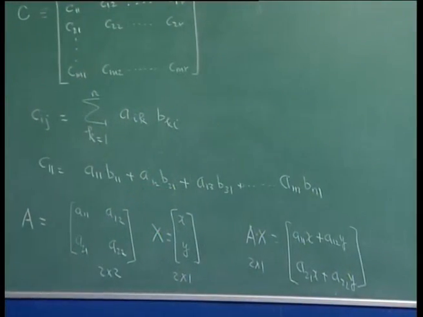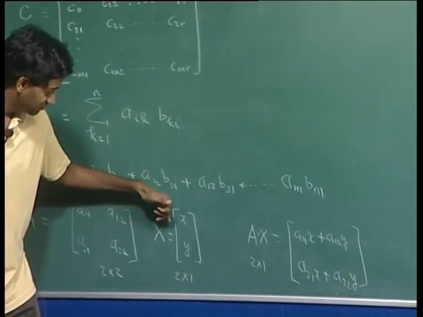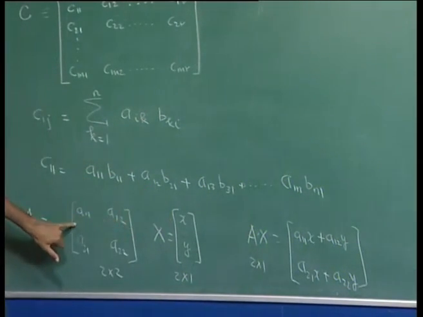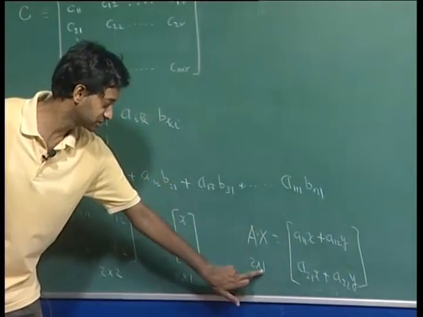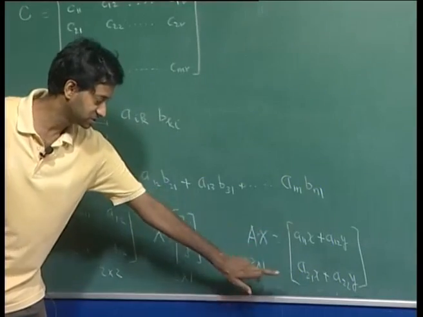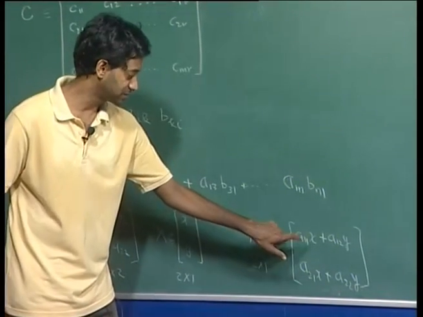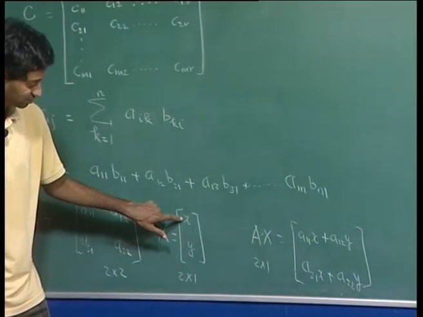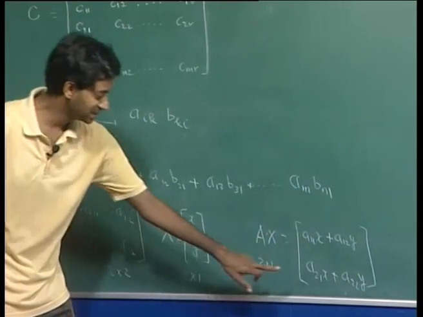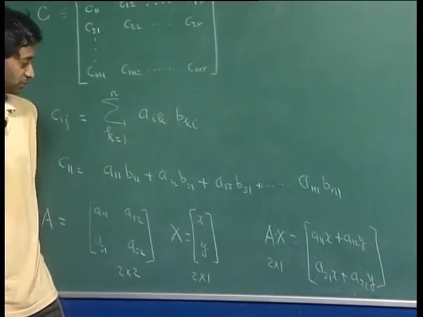Okay. So, what we find is that if you operate a matrix on a vector, you get another vector. Okay. So, this is a 2 by 1 matrix. So, this is also a vector. Okay. And the components of the vector, the first component is a linear combination of the components of the original vector. Similarly, the second component is also a linear combination of the components of the original vector.